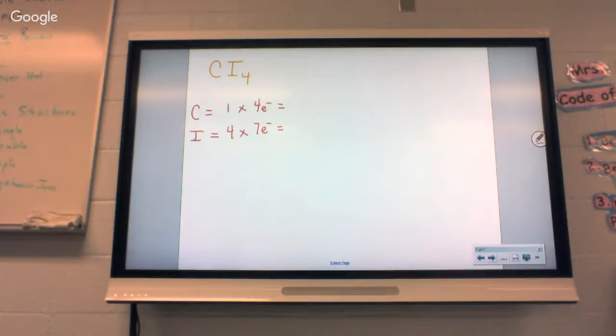Group 14 has, group 15 has, group 16 has, group 17 has 7, and group 18 has 8. Carbon is in group 14, so it has how many? 4. And group 17 has 7. So iodine has 7, carbon has 4. Everybody with me? All right.